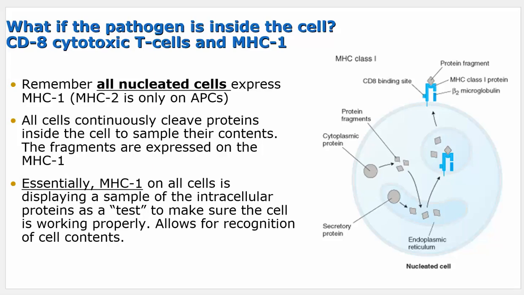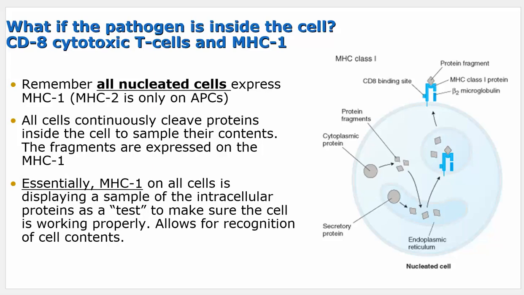So this is on all of them. Remember that MHC2 is only on those antigen-presenting cells, but MHC1 is on all of the cells, including the antigen-presenting cells. So they have both. And the reason for this is that, if you remember, MHC is supposed to display pathogens or antigens. And so that's what the MHC1 does.